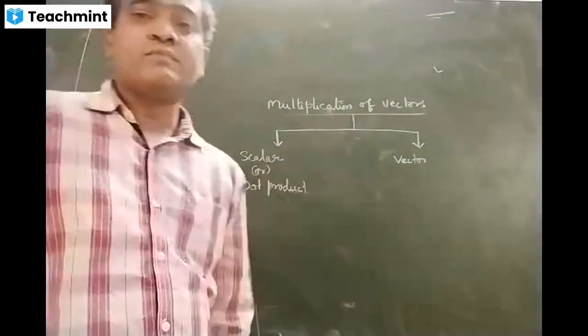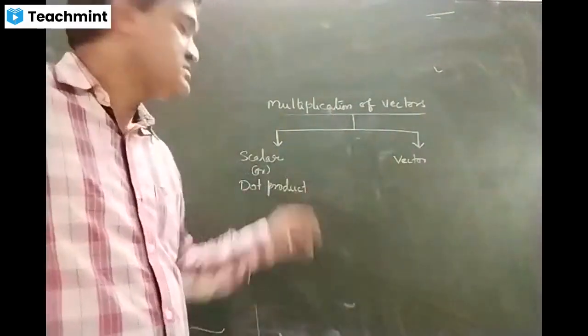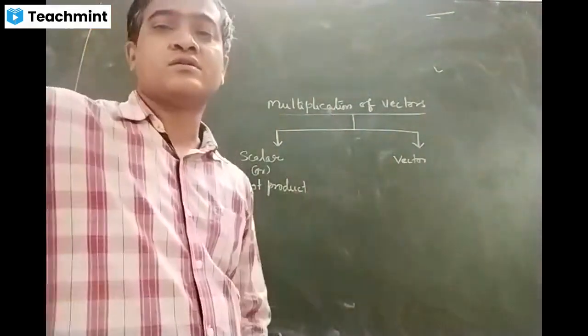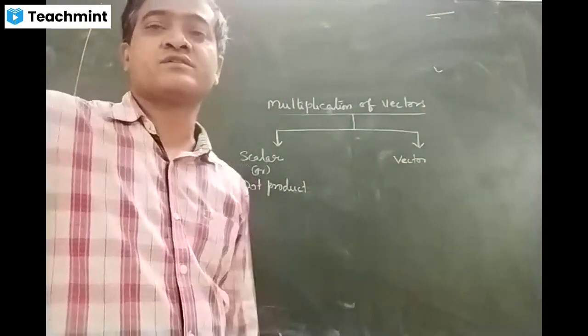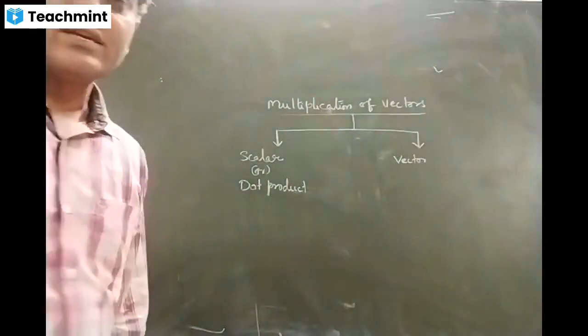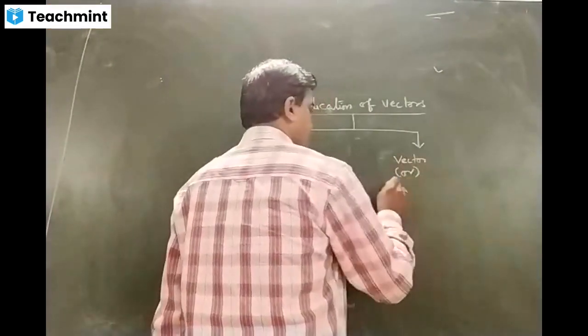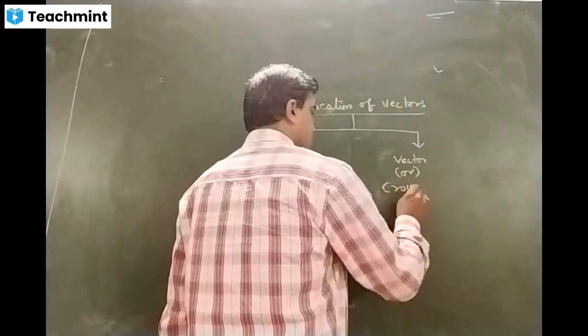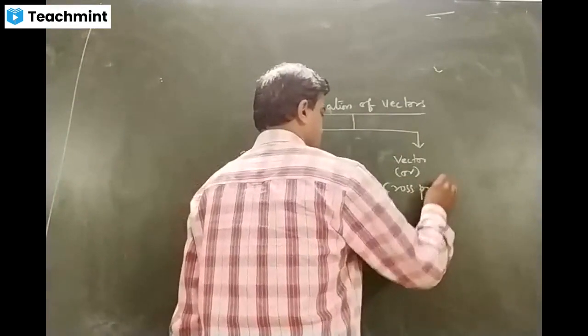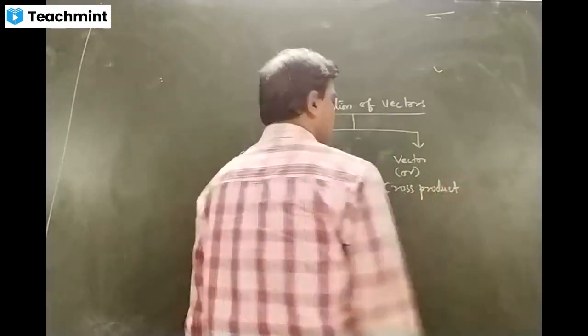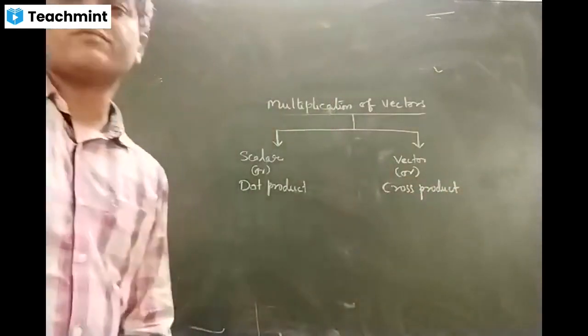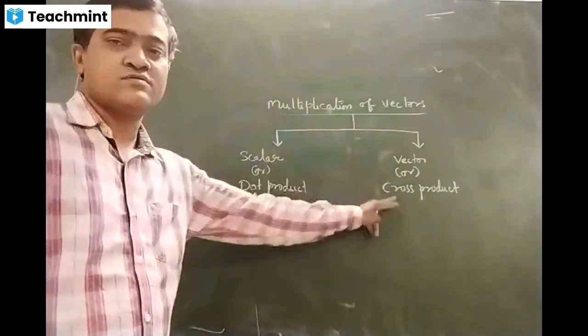So we have multiplication of vectors. One type is scalar or dot product of vectors, and the other one is vector or cross product of vectors. We'll discuss the cross product later.